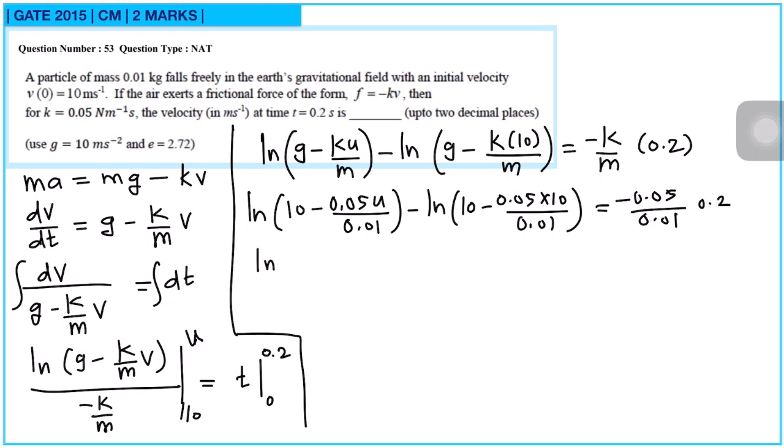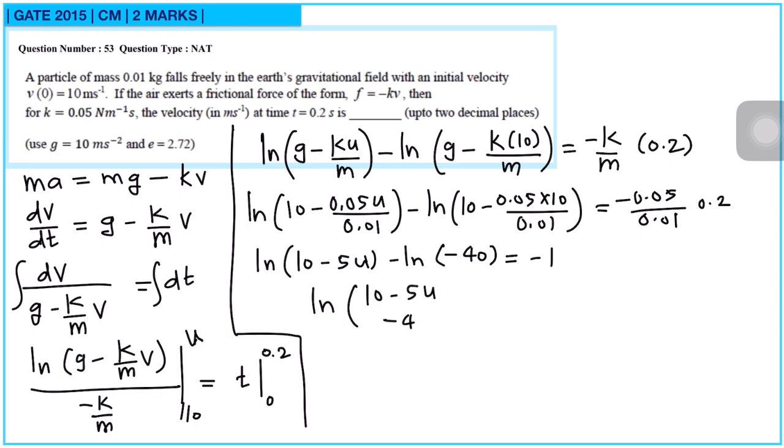So this is ln of 10 minus 5u minus ln of 10 minus 50. So 10 minus 50 is minus 40, is equal to minus 1. So this is ln of 10 minus 5u upon minus 40 is equal to minus 1.